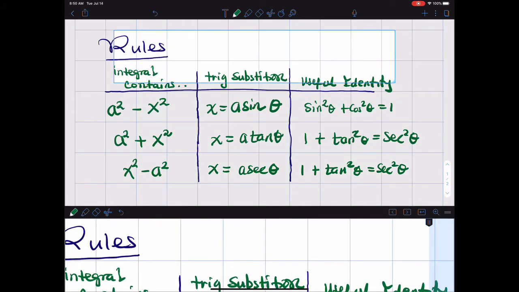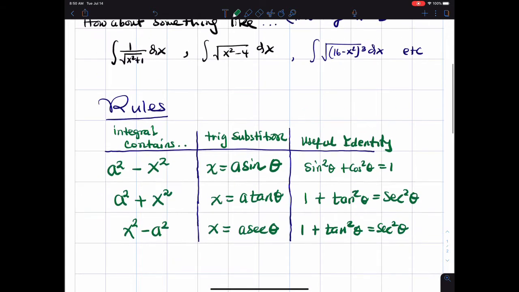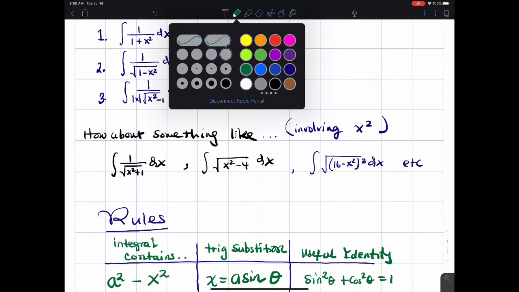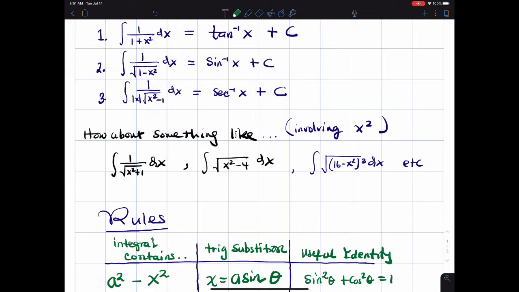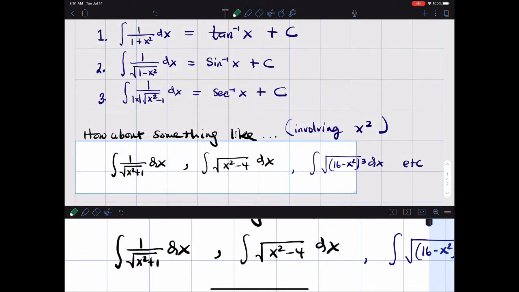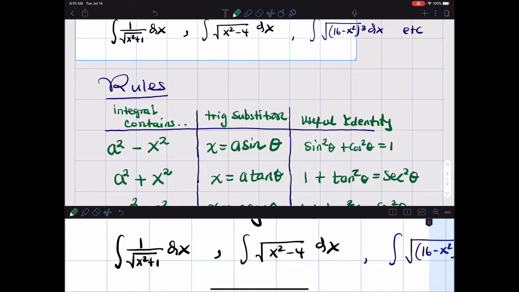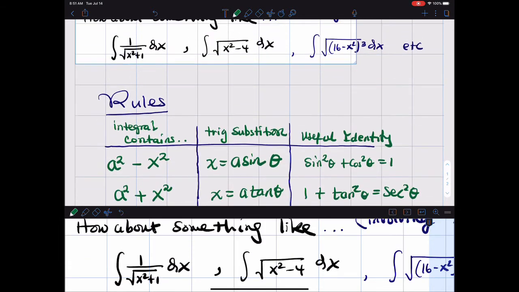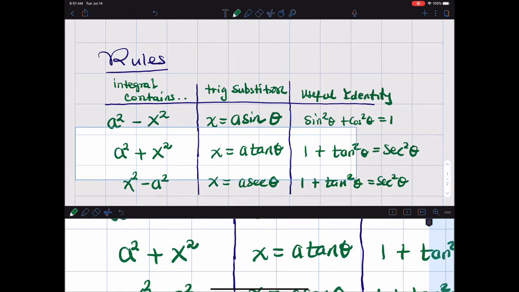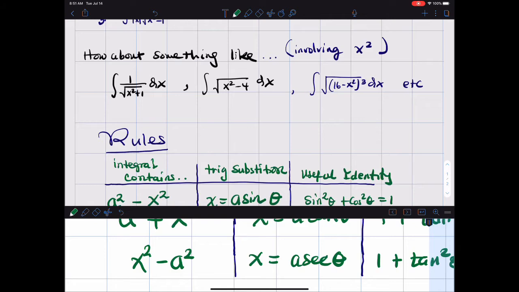Okay, now why am I writing all this? Let's see. The first integral here contains x squared plus 1, which you can write as x squared plus 1 squared. And we use the second rule over here, a squared plus x squared, or x squared plus a squared, and so forth.